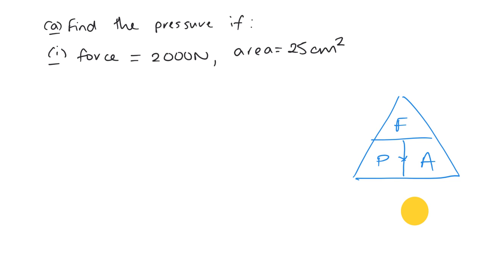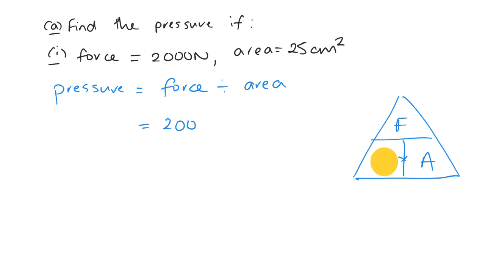So for part A, find the pressure if part 1, the force is 2,000 newtons and the area is 25 centimeters squared. So we're looking for pressure, so cover it over in a triangle. So our formula is F over A. So we have pressure equals force over area, or force divided by area.